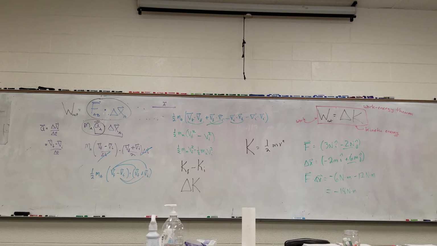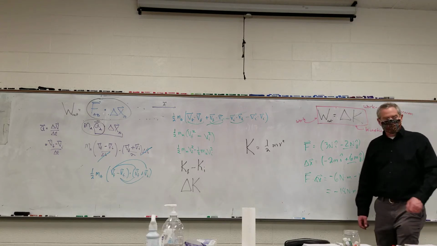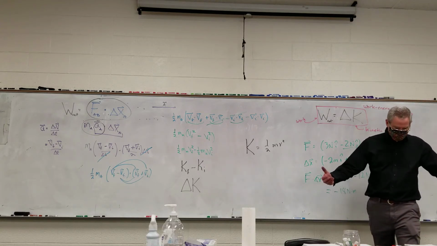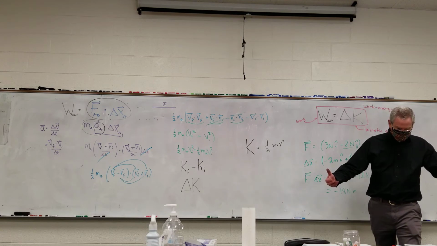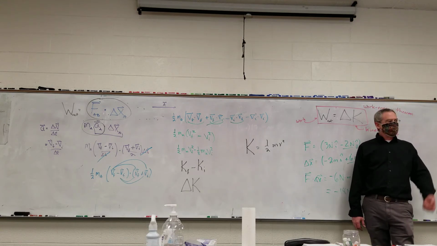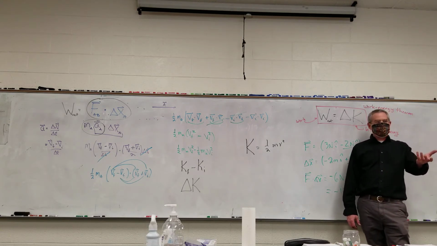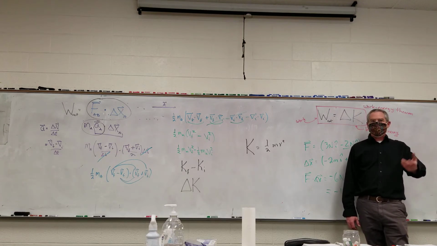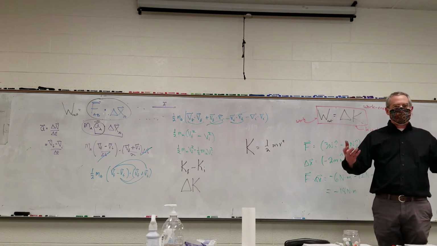What's the formula for kinetic energy? 1/2 mv squared. Just the guys, what's the formula for kinetic energy? 1/2 mv squared. The women, what's the formula for kinetic energy? And then all together, what's the formula for kinetic energy? 1/2 mv squared. That was so nice. That's what unison is. Earlier when I was asking for unison, it wouldn't have been cool if it had been like that. It's the chorus of angels that I wanted.